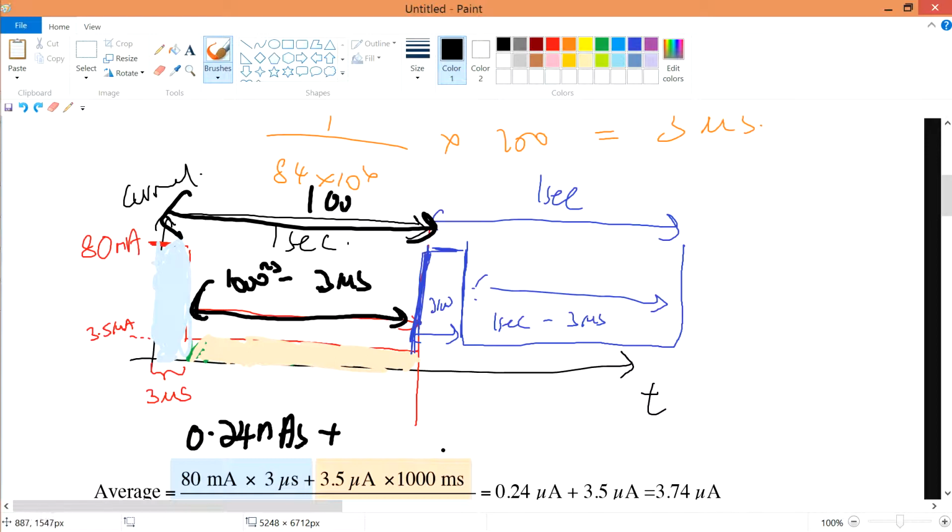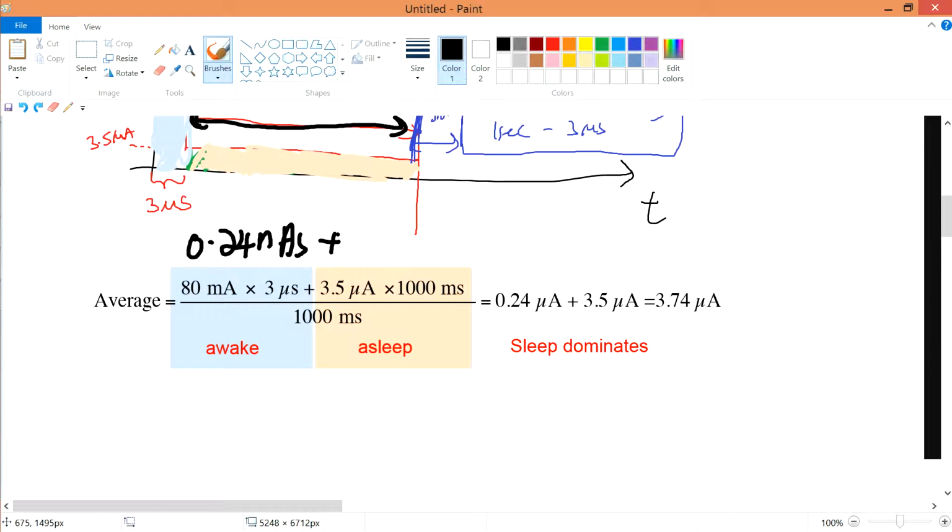So therefore this 1000 millisecond is actually talking about this portion over here, when you are sleeping. As they say, this part over here is asleep, this part over here is awake. So if you multiply by this factor, I will get back 3.5 microampere second.